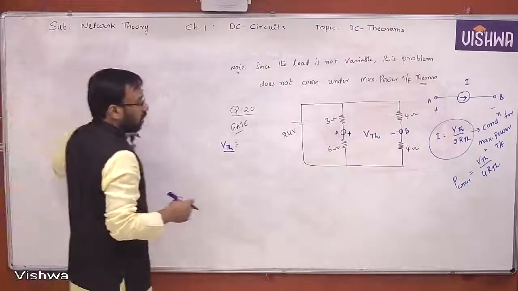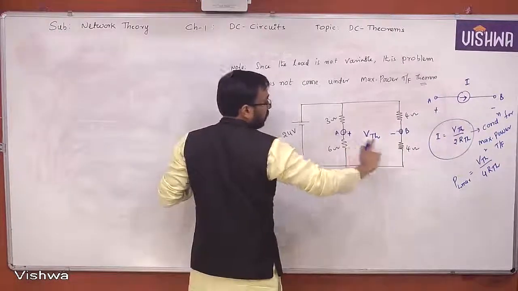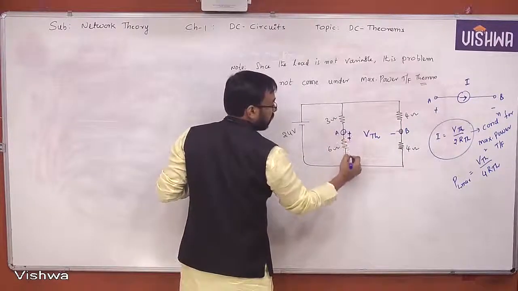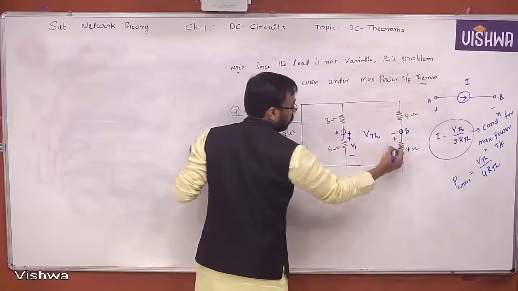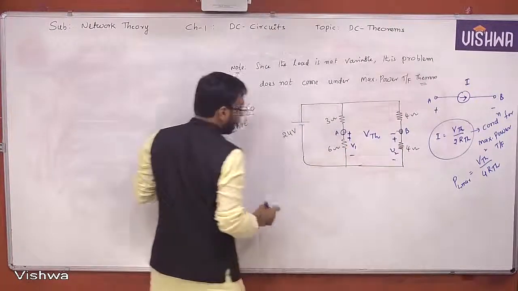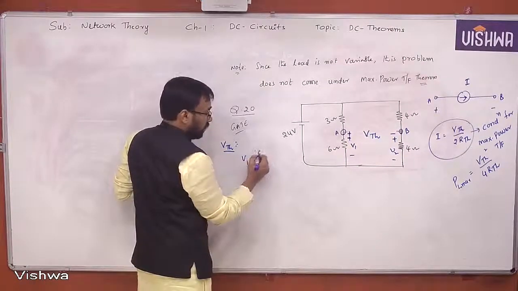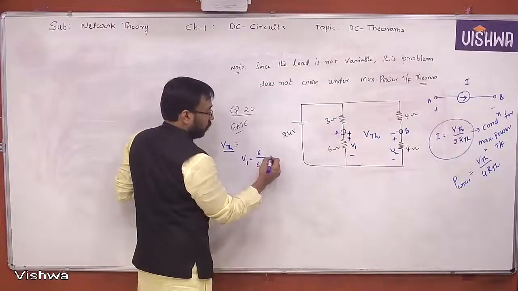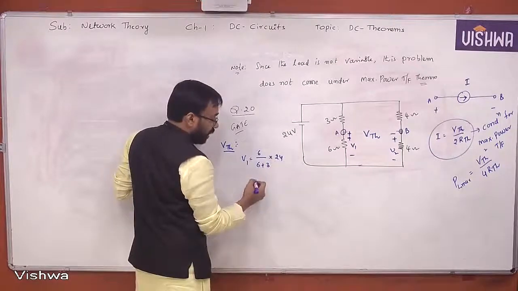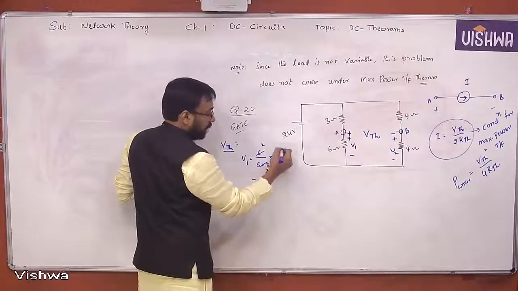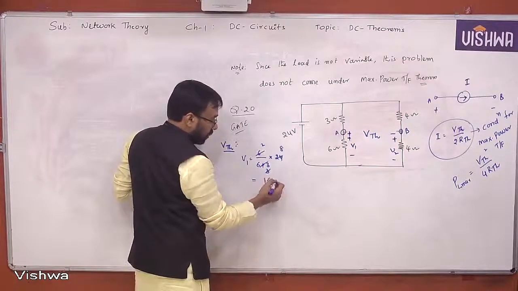So how do you find VTH? These two are in series. These two are in series. The total voltage is applied. Say this is V1, this is V2. Obviously VTH is equal to V1 minus V2. But what is V1? 6 by 6 plus 3 into 24. What is the value? 16 volt.